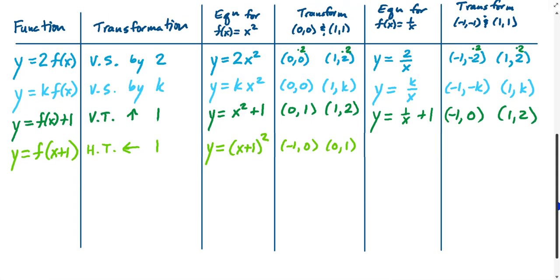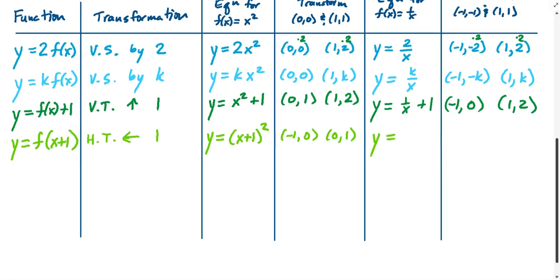How about if f of x was 1 over x instead? Well, y equals f of x plus 1. Everywhere you see an x in f of x, you replace it with an x plus 1. That's what the function notation says. So I have y equals 1 over x plus 1. What is this telling me?